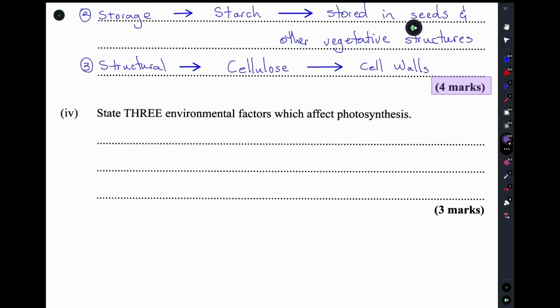For part 4, we want 3 environmental factors which affect photosynthesis for 3 marks. So all we need to do here is simply list the environmental factors. You could do a short explanation, space permitting, as to how it is affected.